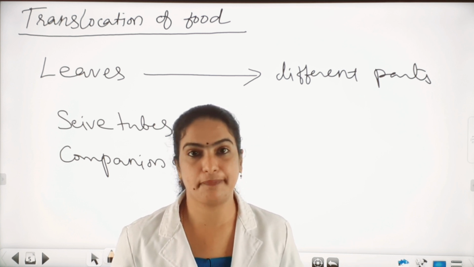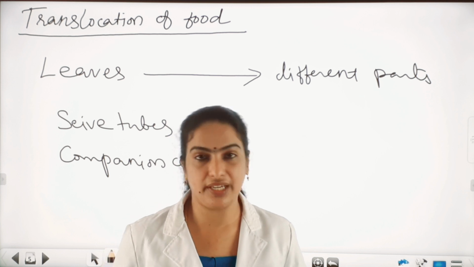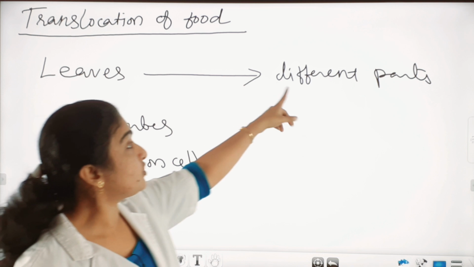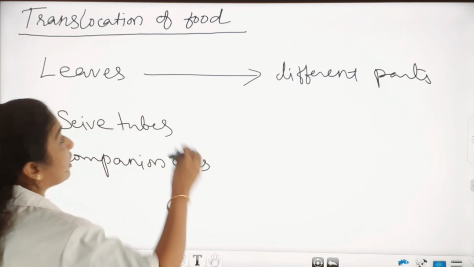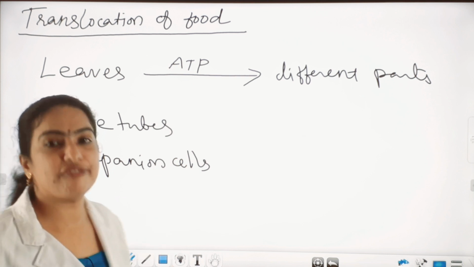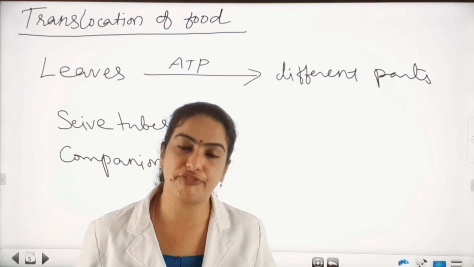transportation of food. And the transportation of food is known as translocation. So here the food from the leaves is transported to different parts of the body by utilizing energy in the form of ATP. So energy is utilized for the translocation of food.